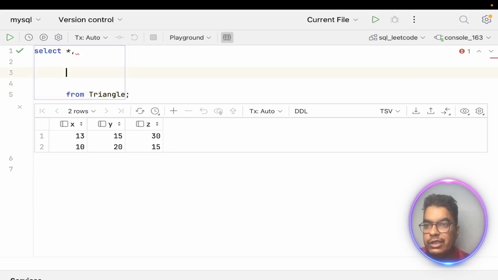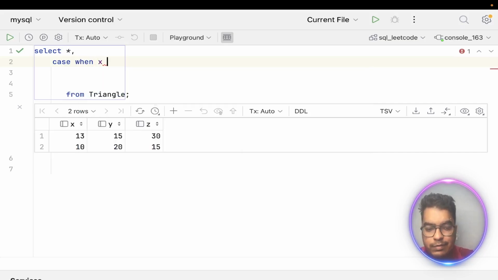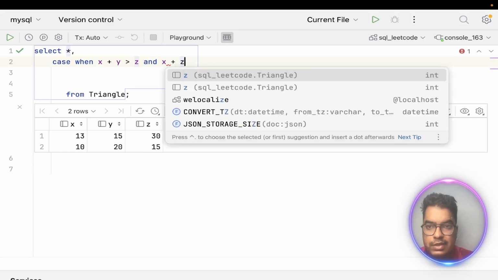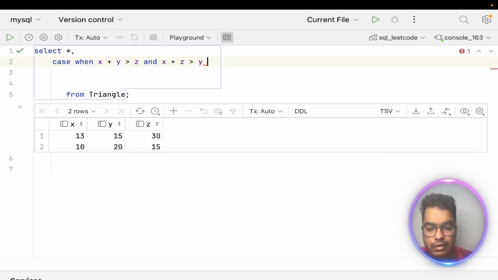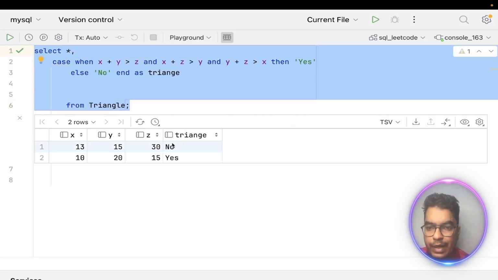So what we need to write, we just need to check for the condition: case when x plus y is greater than z and x plus z is greater than y and y plus z is greater than x, then I will say yes, else I would say no. And as triangle, if I run this query, then I get what I really wanted in my output, no and yes.